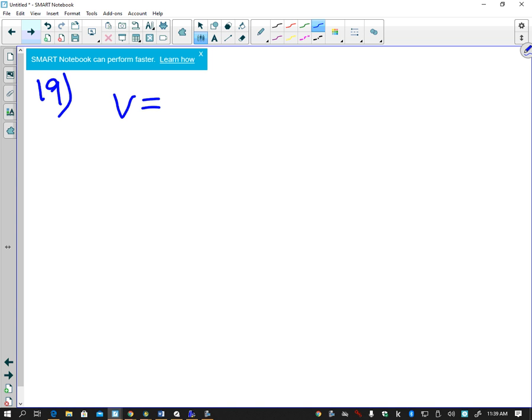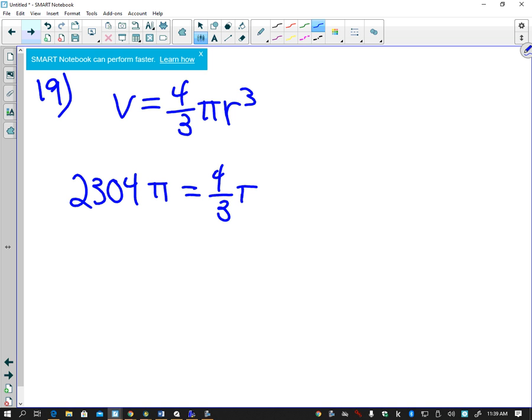We had to know it earlier. 4 over 3 pi r cubed. Good. Now, what are we replacing v with in this question? 2,304 pi. Okay, and that's equal to 4/3 pi r cubed.